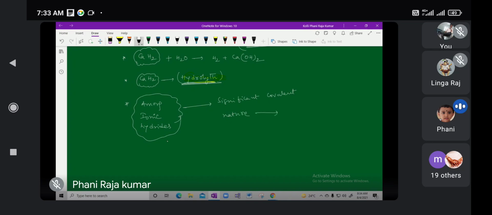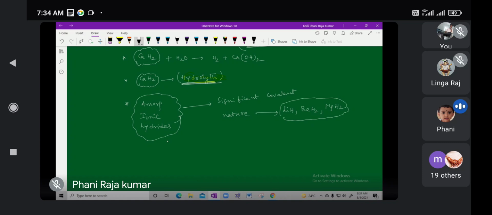For covalent nature, we need small size cations. Therefore, three compounds have significant covalent character: lithium hydride, beryllium hydride, and magnesium hydride. These three compounds have significant covalent nature.